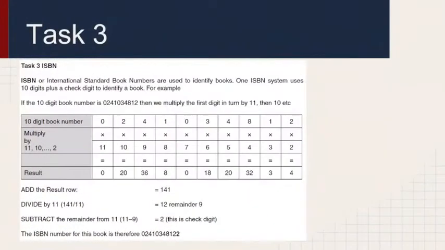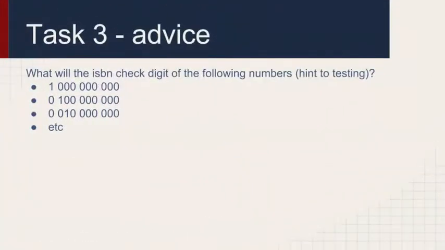For task 3, this is a little bit more mathematical. I would suggest that you think about your test cases as the single digits, and that could help you with your testing. So think about those numbers as part of your testing schedule.